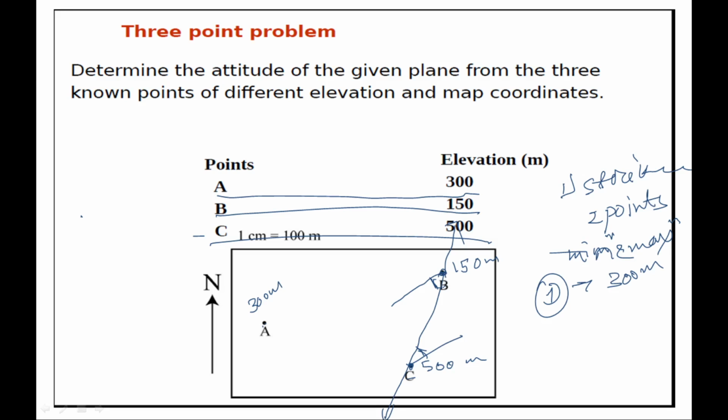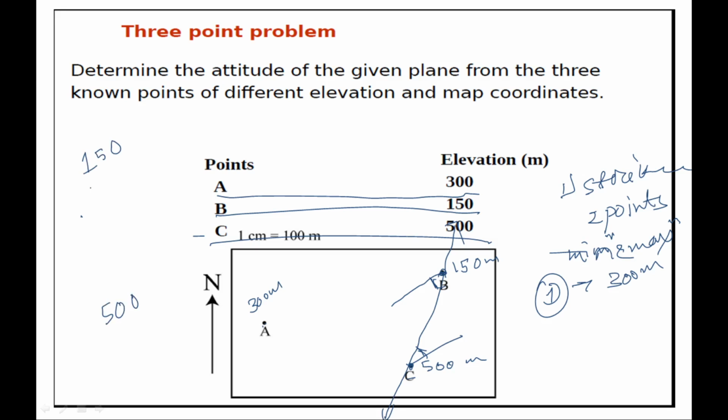So from 150 to 500, you have 150 at one end and the other end is 500.